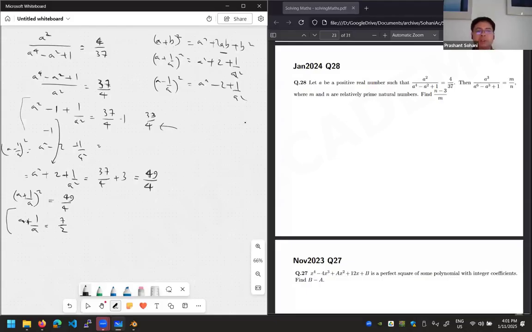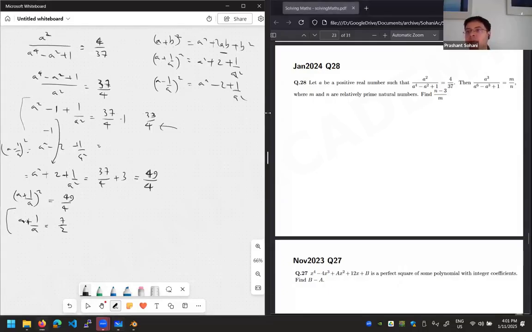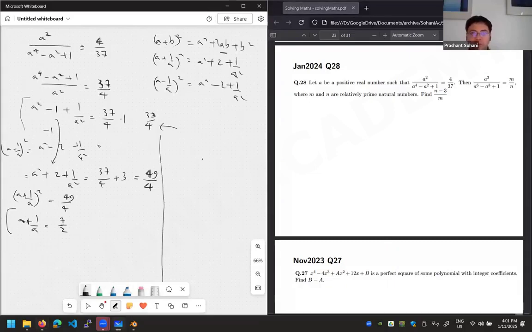So I found a plus 1 over a. Okay. And what have they asked? So you see what they have asked is also of a very similar type, right? If I take the reciprocal over here, this a raised to 6 over a cube is again going to become like a cube and like that. So this is looking very similar to that. Okay, so if I write what they have asked over here, if I just take the reciprocal of that, and if I expand it, I'm going to get a cube minus 1.